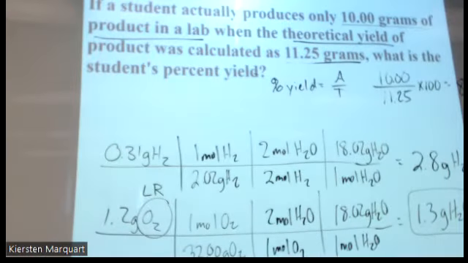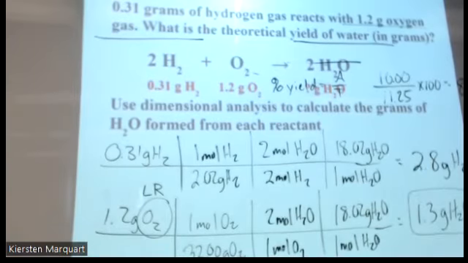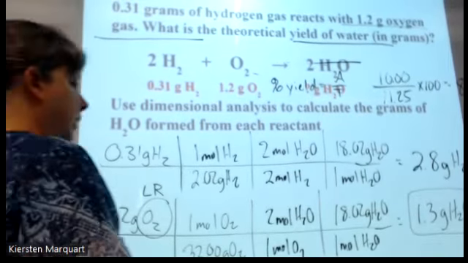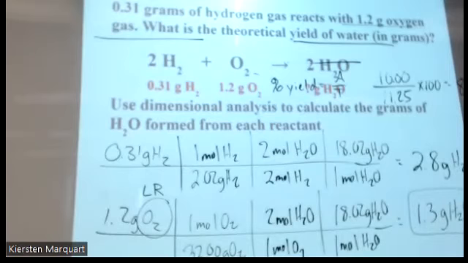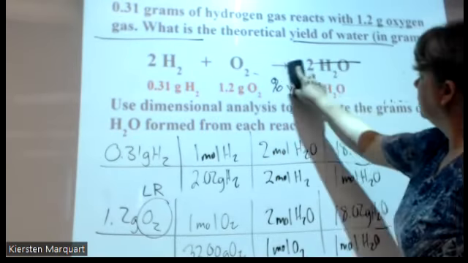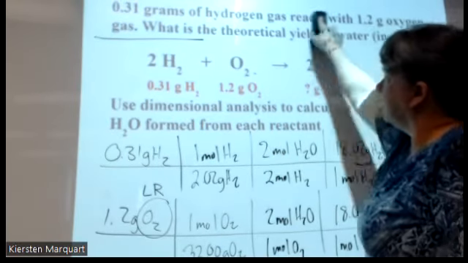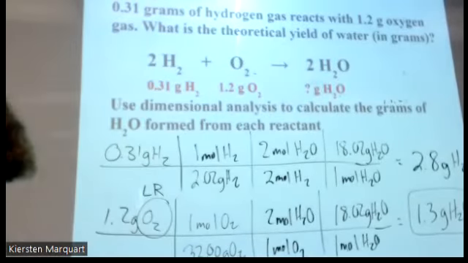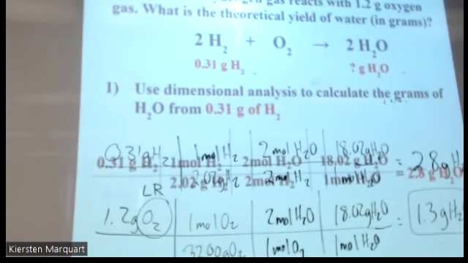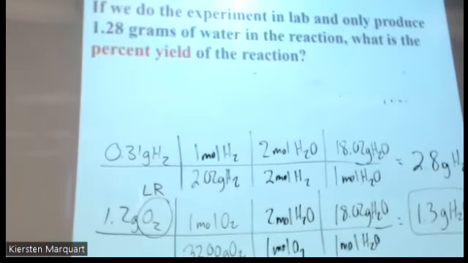The way you will usually see this, however, is you will be given the full stoichiometry problem, like I had already done with you. This is what we already did. And then there will be a second part as a follow-up. That was just the work.